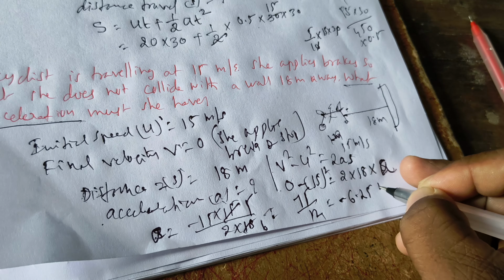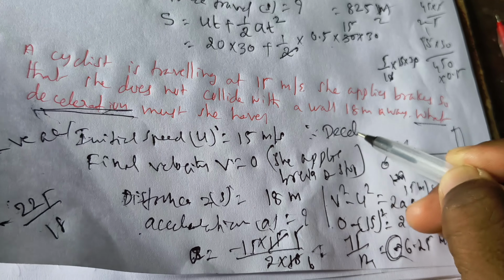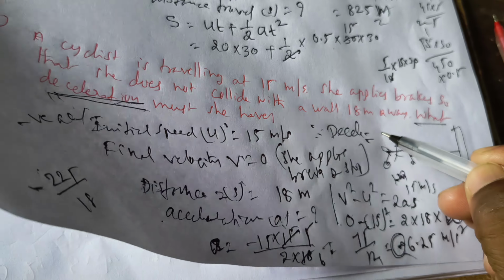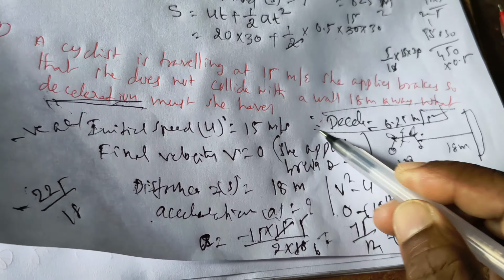So this minus indicates deceleration, meaning negative acceleration, because brakes were applied, so the speed or velocity decreases. The change in the speed or velocity is decreasing, so we can say deceleration or retardation or negative acceleration. Therefore deceleration equals 6.25 meter per second square.